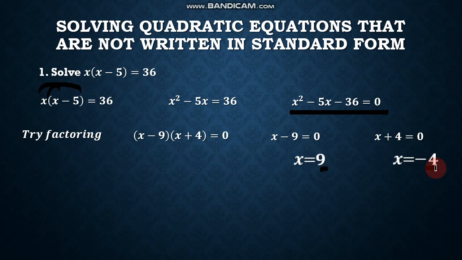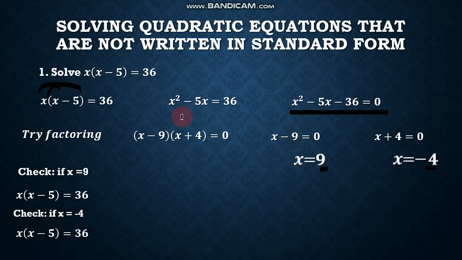Check whether the obtained values of x make the equation x times (x minus 5) equals 36 true. Go back to the original equation, x times (x minus 5) equals 36. Substitute 9 for x. So 9 minus 5 we have 4, and then 9 times 4 we have 36. So 36 is equal to 36. Check.